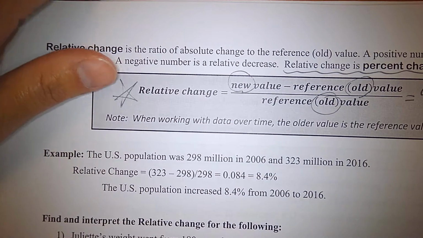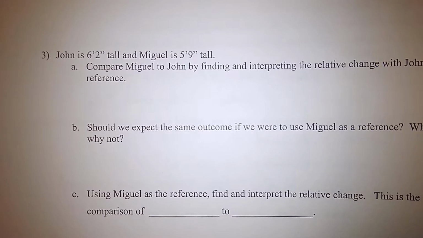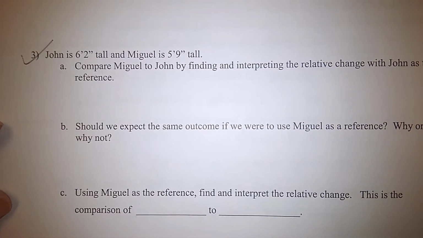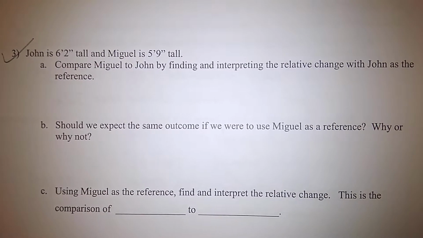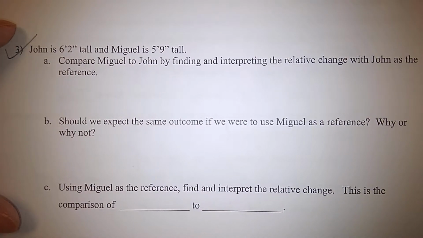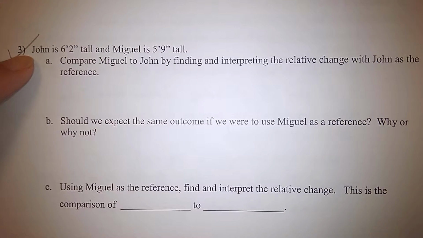Alright, so let's go to question 3, the John and Miguel problem. But this time, we do relative change. I'm still going to ask a volunteer to read question 3. Evan, can you read?